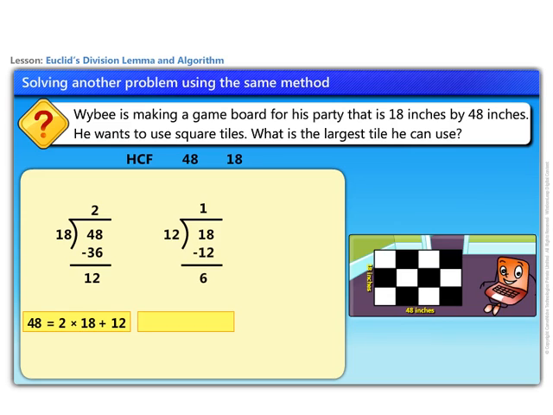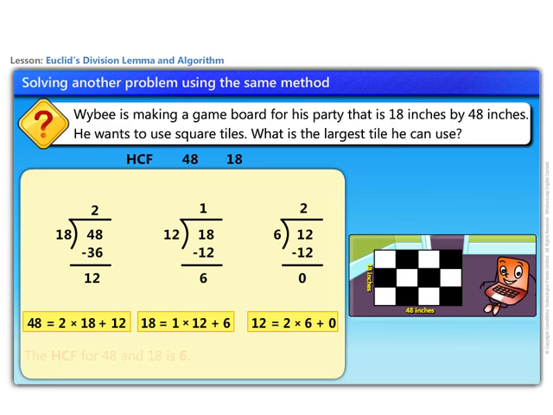This relation can be expressed as 18 is equal to 1 into 12 plus 6. Now divide 12 by 6, remainder is 0. The division stops here. This can be expressed using the relation 12 is equal to 2 into 6 plus 0. Thus, the HCF of numbers 48 and 18 is 6.